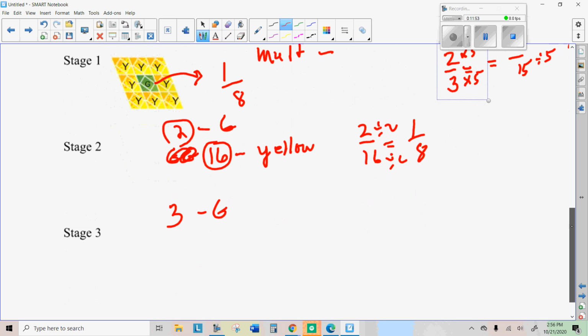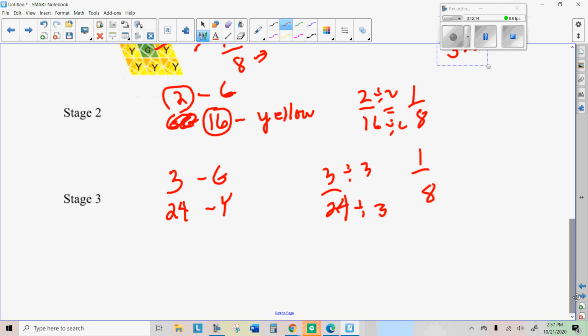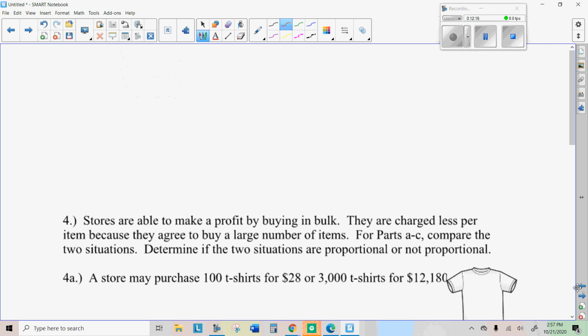Well, we need to multiply 8 times 3 to get the number of yellows, which is 24. So 3 over 24, if you divide both those by 3, you get 1 over 8. So we're still keeping with the same ratio. All right.